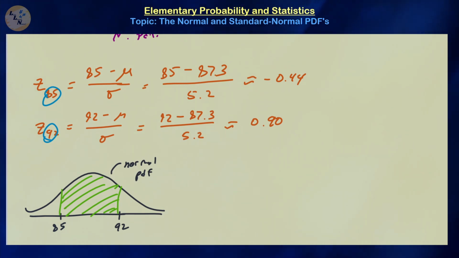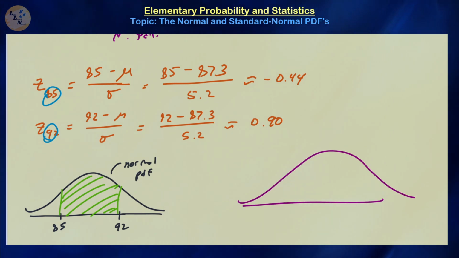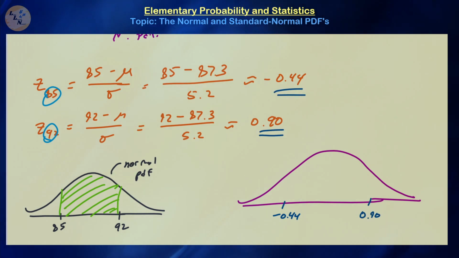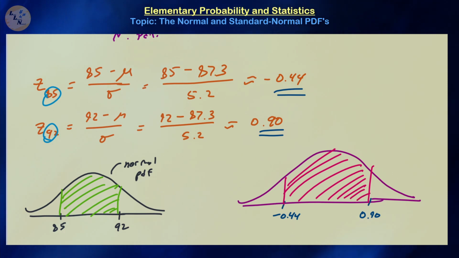Or we could use the standard normal distribution and go from negative 0.44 to 0.90. Of course, we are rounding, so this area is going to have some error associated with its calculation, but to some, that's okay, I guess. This distribution is not the normal, but the standard normal PDF.